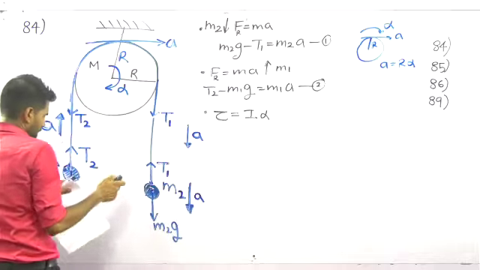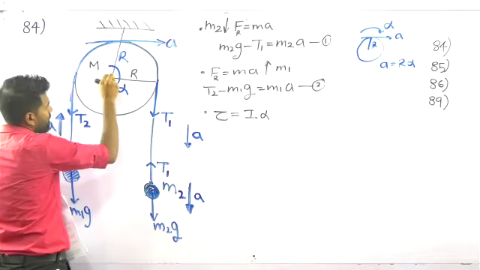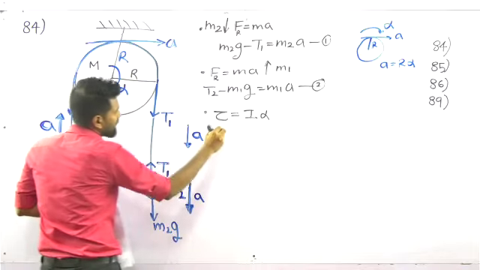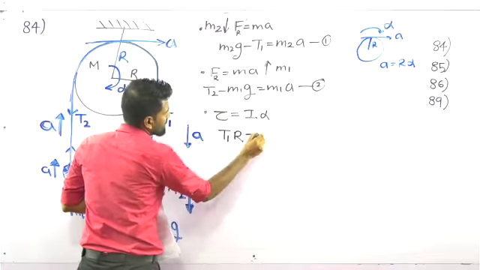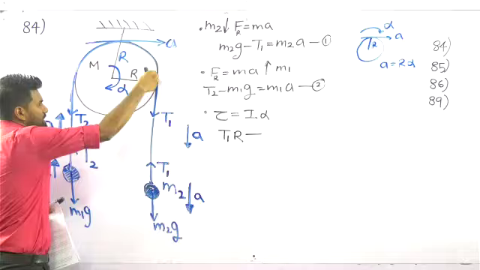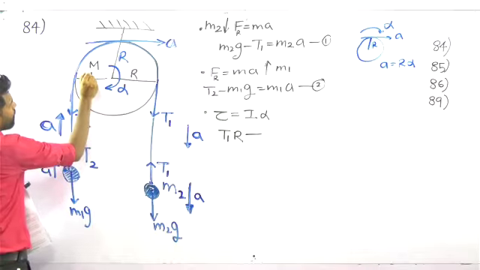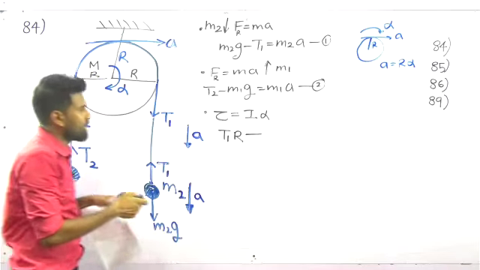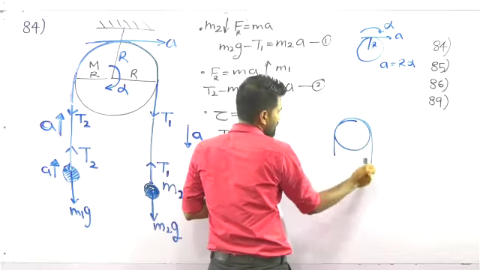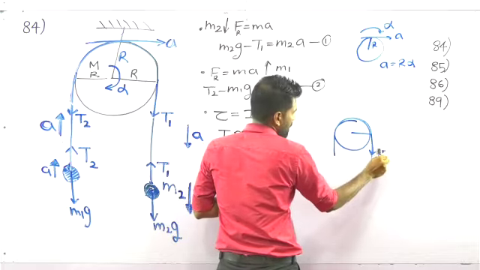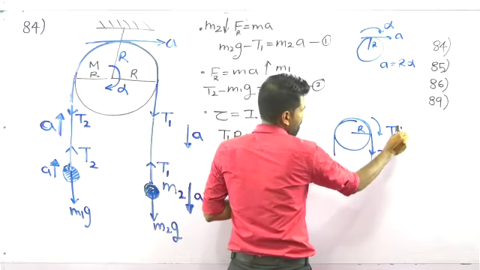What is the moment? To this side, the force is T1 with the perpendicular distance r, T1r. But it's not the resultant moment. Why? To this side you have T1 into r, but the other side also has an opponent, T2 into r. Can you understand that? When you consider the pulley, the string is passing like this. On this side it's T1, perpendicular distance is r, so the supporting moment is T1r.